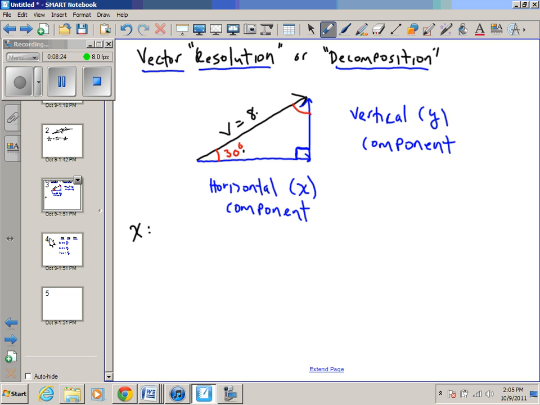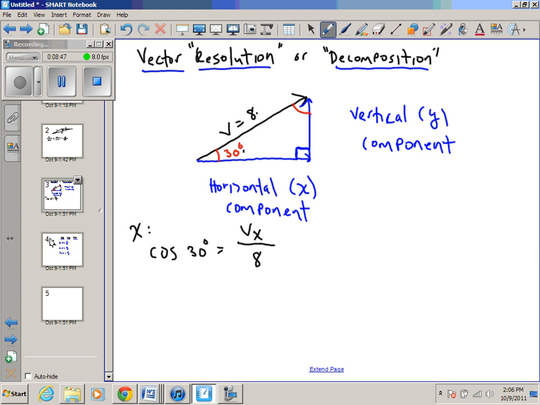So I can say that the cosine of theta, 30 degrees, equals the horizontal or x component. I'll call that v sub x. That's the x component of v over 8, which is the size of the starting vector.